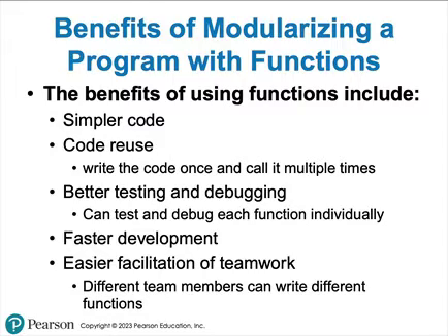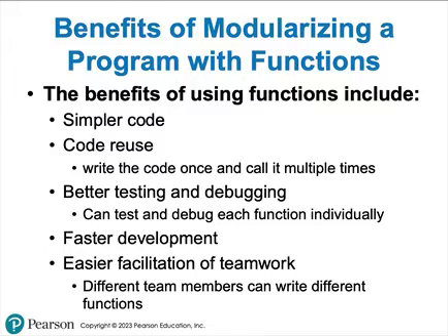Typically, this will be faster development, especially if you're working as a member of a team. What you might do there, especially if you had a really large program, is design the functions and what they do, or specify the functions and what they do, and then say, you go off and write these 5 functions, I'll go off and write these 4 different functions, another team member might get 6 functions.